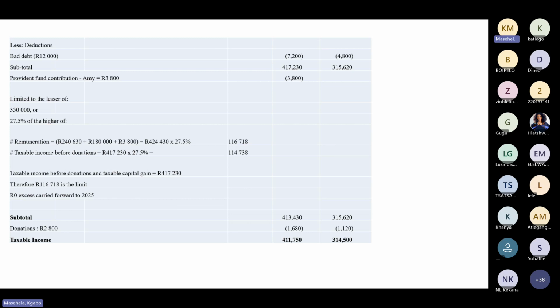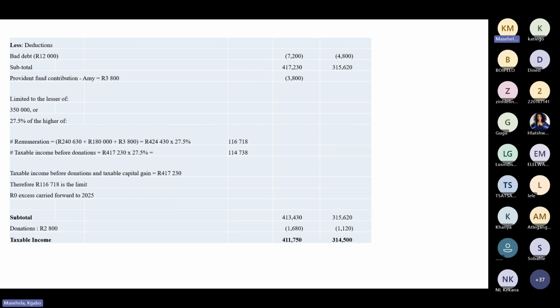Vendors, they need to remember whatever deductions, they must share, not equally, however, 60%, 40%, according to the profit sharing ratio. Amy contributed to Provident Fund of which 3.8. Then there comes Section 11F, limited to the lesser. You cannot run away from this.